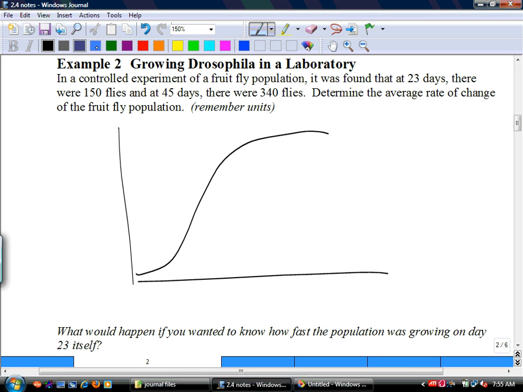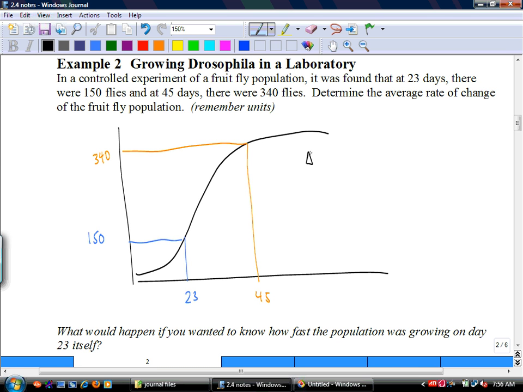At the 23rd day, we have 150 flies, and at the 45th day we have 340 flies. So what is the slope? What is the average rate of change?